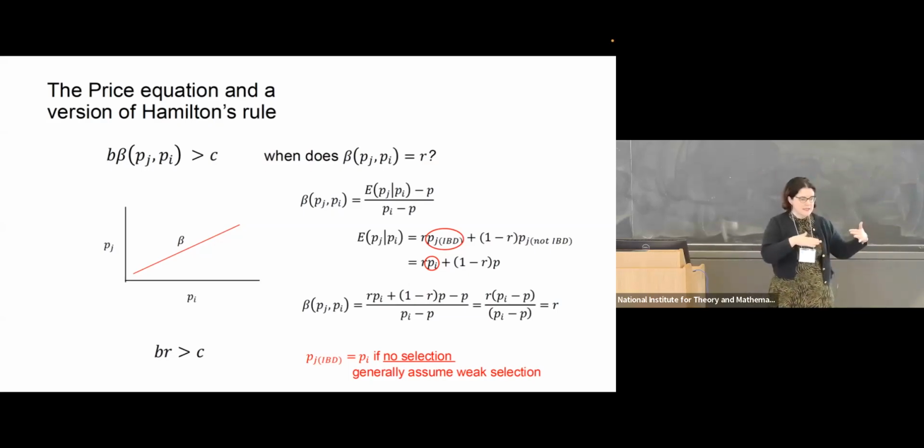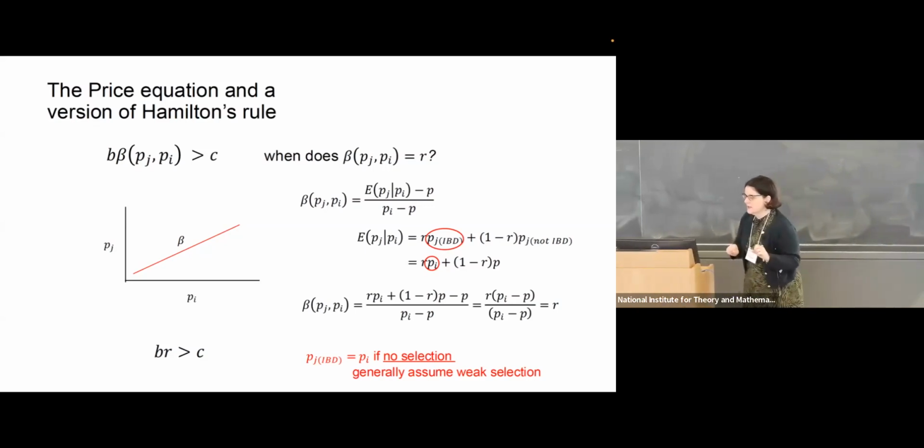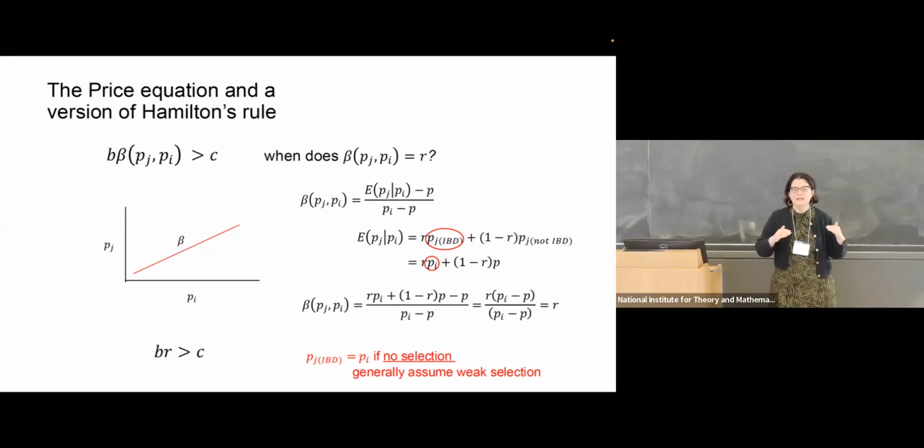If selection is acting, that frequency can be changing quite a bit. If it's strong selection, it's changing quite a bit. And so it's possible that it's not the frequency of the other individual. So what I kind of did was I assumed weak selection, so that that's not a big change since the time when we were identical by descent.